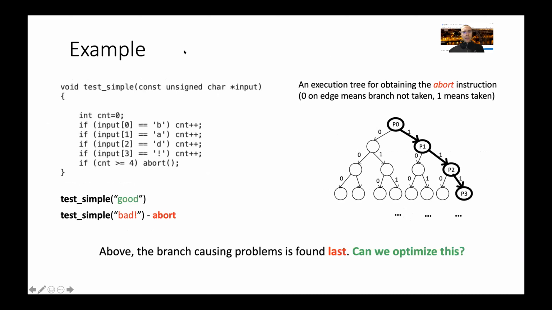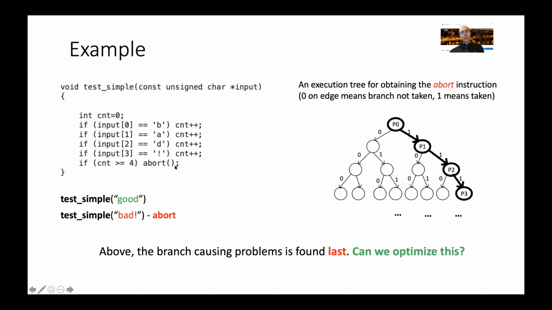An example extract from their paper is this: a function that receives an input, and if the input starts with the text good, but if the input was the string bad, then it will go through all these branches, the counter would be incremented, and then it will abort.